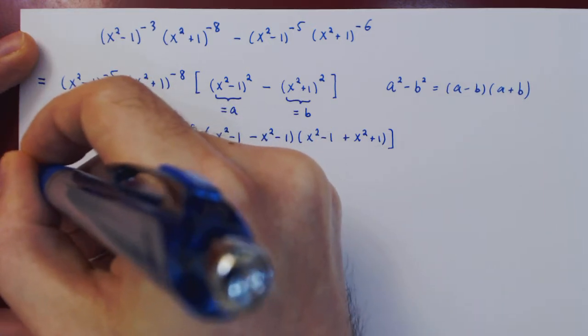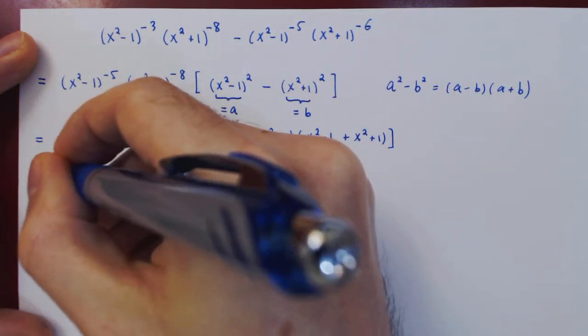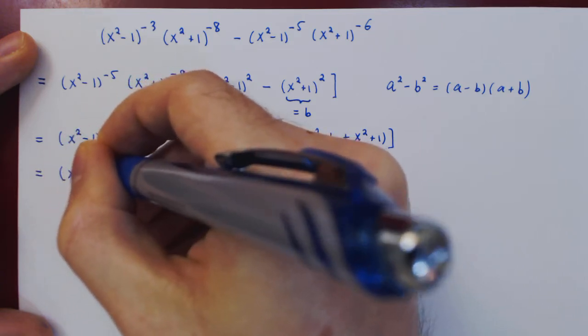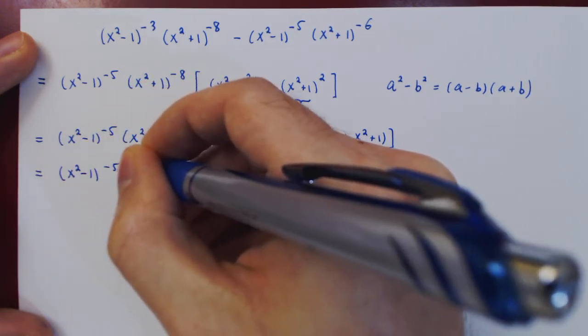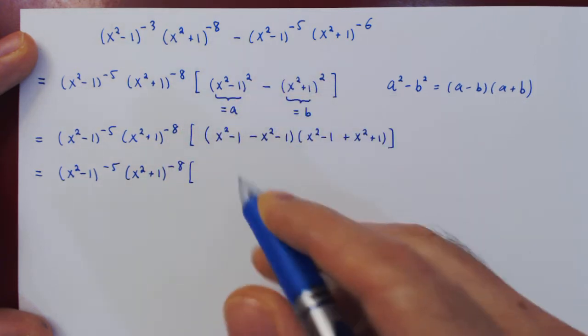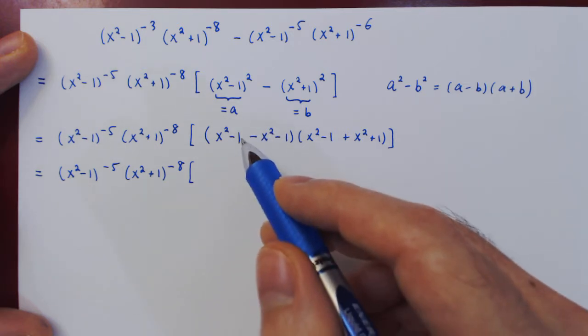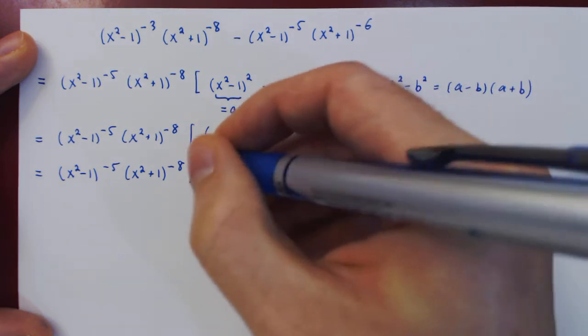And now let's simplify each of these two factors. The first, x squared minus x squared cancels, and we're left with negative 1, negative 2.